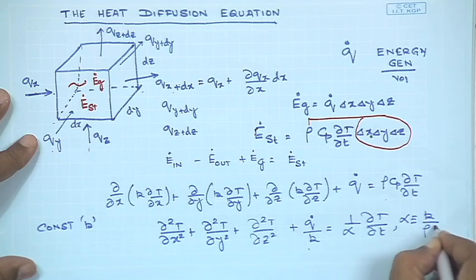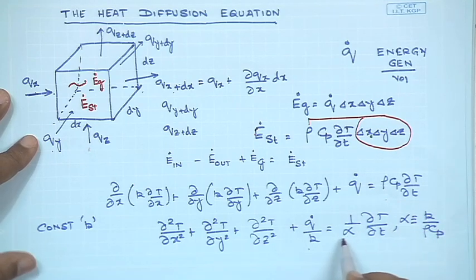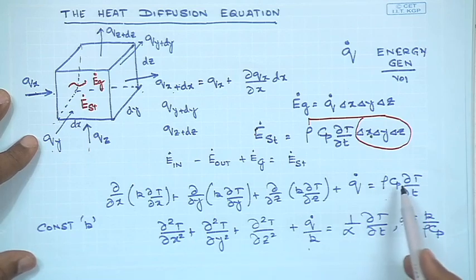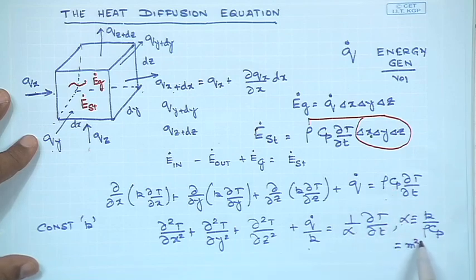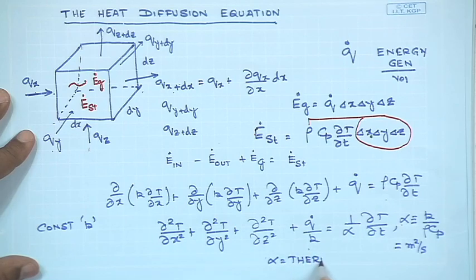k by rho Cp. There is a reason why alpha is expressed here instead of rho Cp by k. I simply write 1 by alpha, because alpha has units of meter square per second. So, alpha is called the thermal diffusivity of the system.